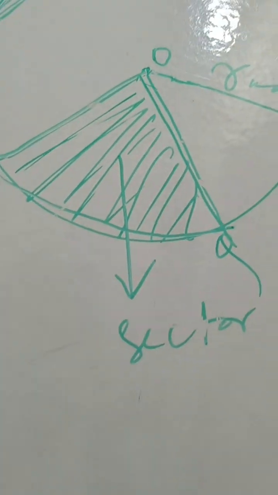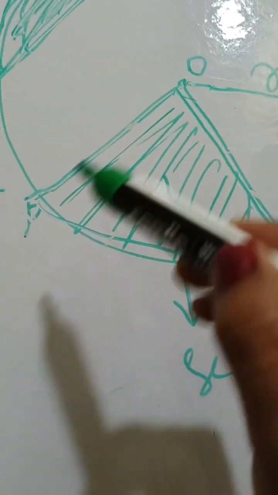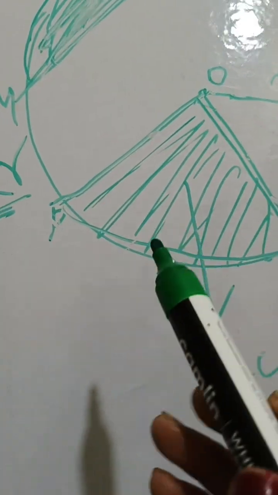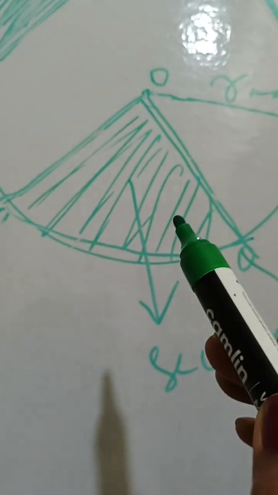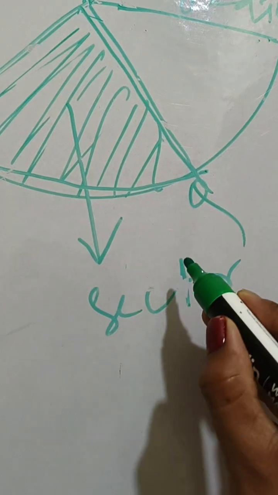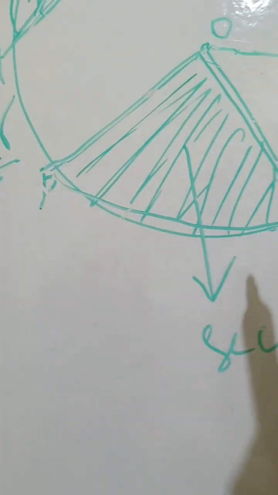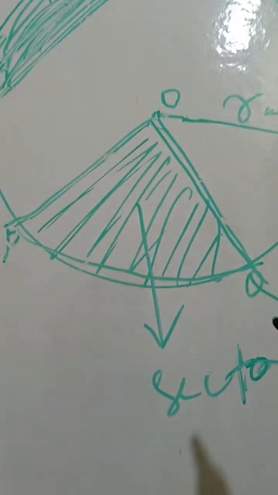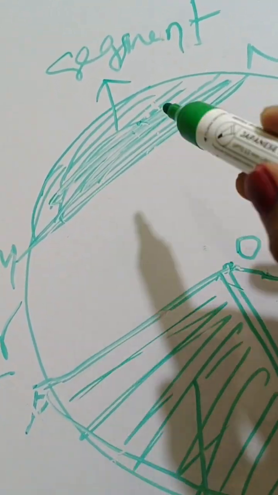Now come to the sector of a circle. The area that I have shaded is the area bounded by 2 radii and 1 arc of a circle, and it is known as a sector. And what is a segment?